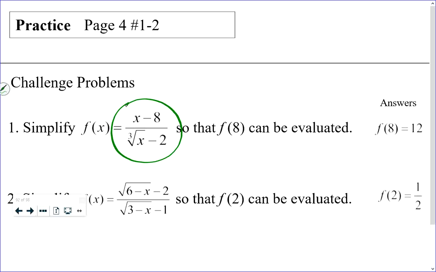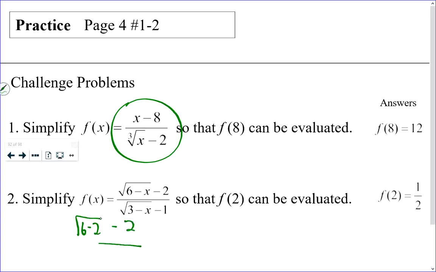Okay? So if you take a look at number 2, if I want to put 2 in for x, and you put 2 here and here, you would have root 6 minus 2 minus 2 over root 3 minus 2 minus 1. What do we get in the top?